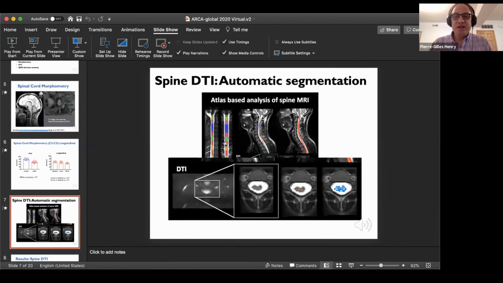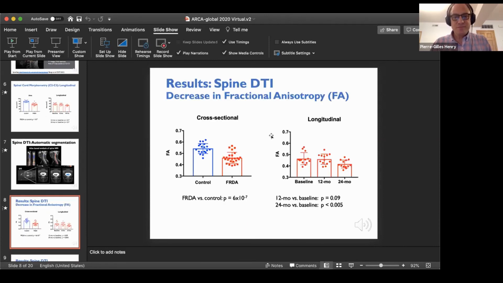For spine DTI, we use automatic segmentation using Spinal Cord Toolbox and then FSL to determine the diffusion parameters. Again, we found a large reduction in FA compared to controls in FRDA patients, and a longitudinal decrease in FA.